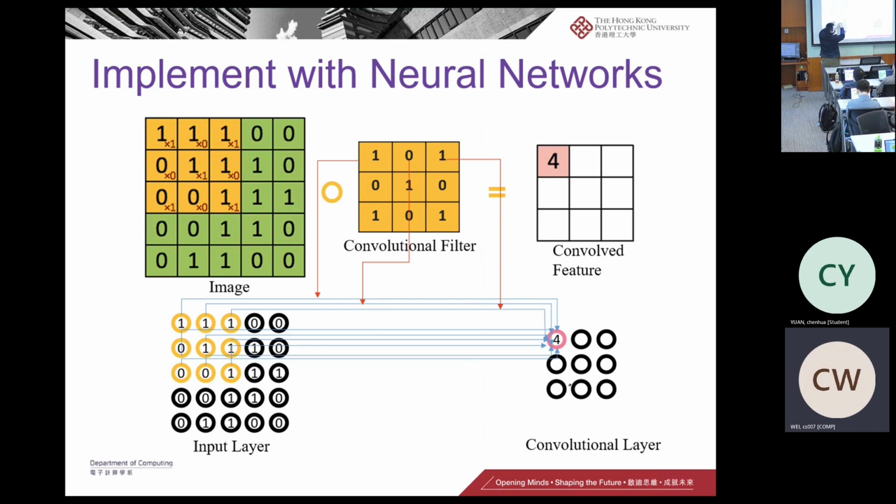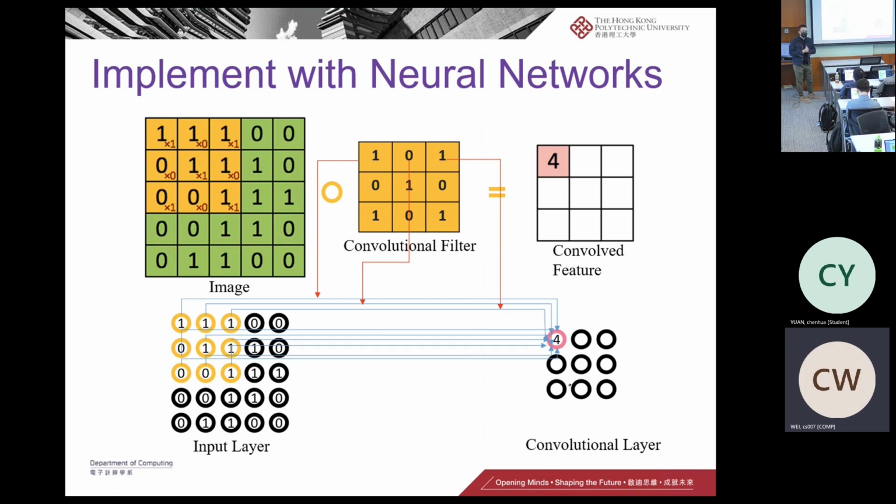I mean, this line of neurons to one of the neurons in the next layer, right? So those are edges already built, and you can use the weights of the filter. You put those filter weights on the links here, okay?